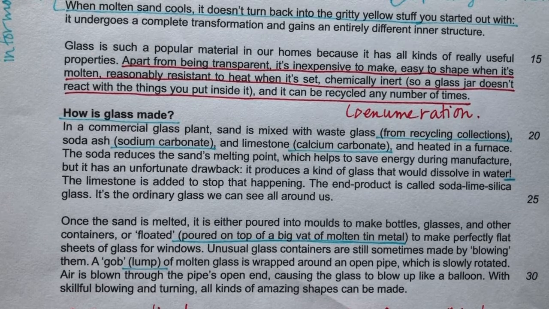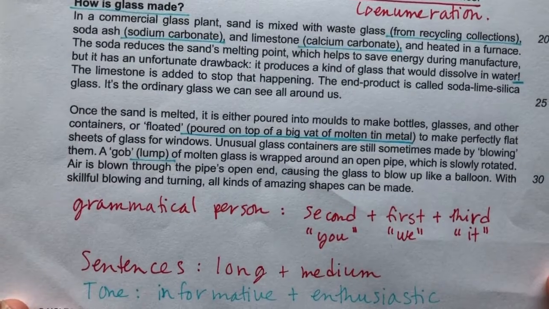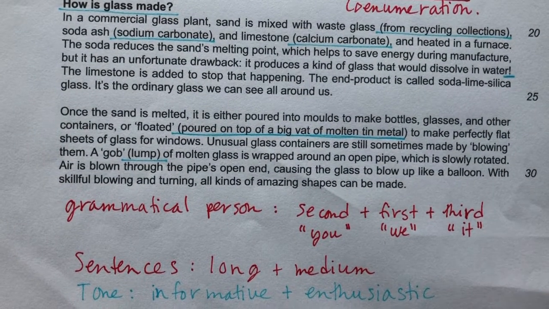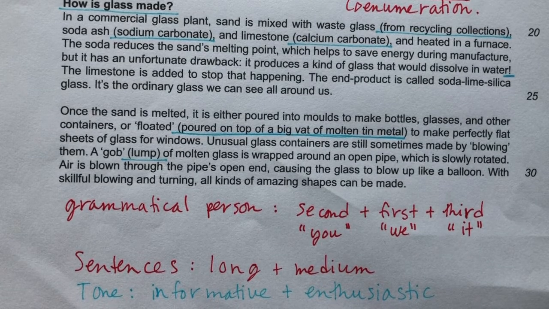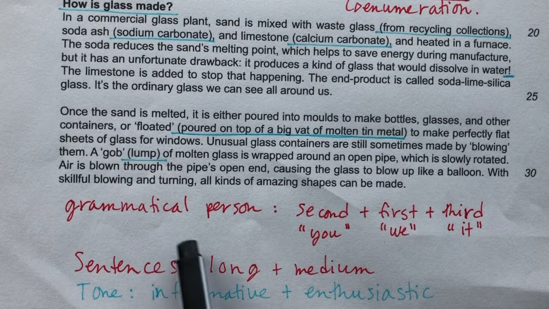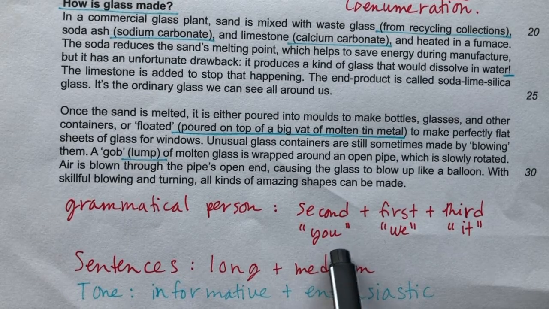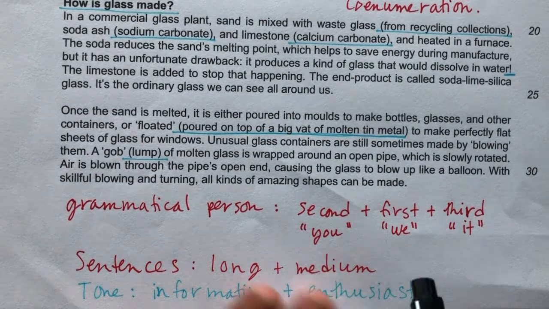Okay, and here below I also wrote extra things that you can point out as far as language and style. For the grammatical person, we have second person that the writer uses, so you, right?